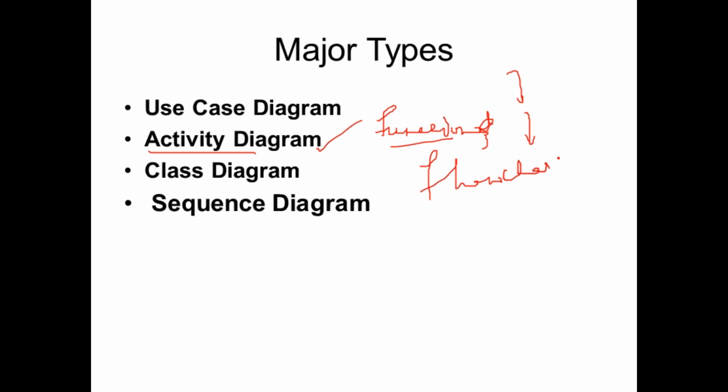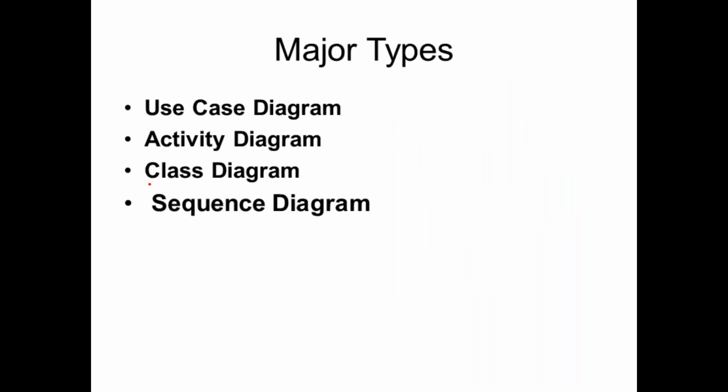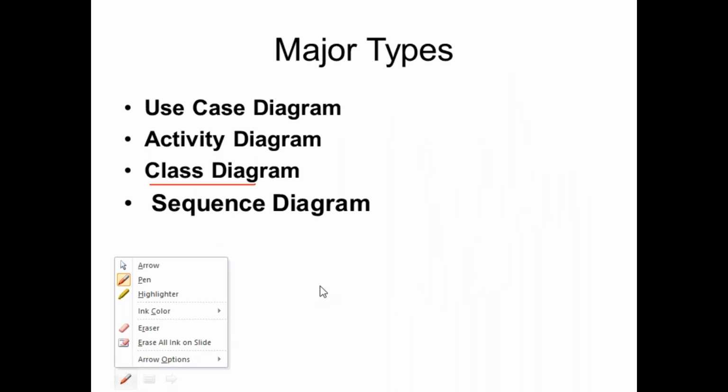But there are a few additional symbols like fork and join, which are used to represent parallel flows. That is the additional symbol that we see in the activity diagram. Though the notations are slightly different, ideally it is very close to the flowchart. Then the next one is going to be the class diagram.